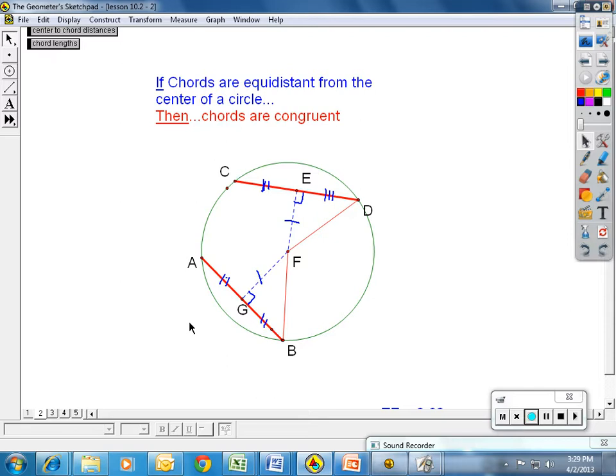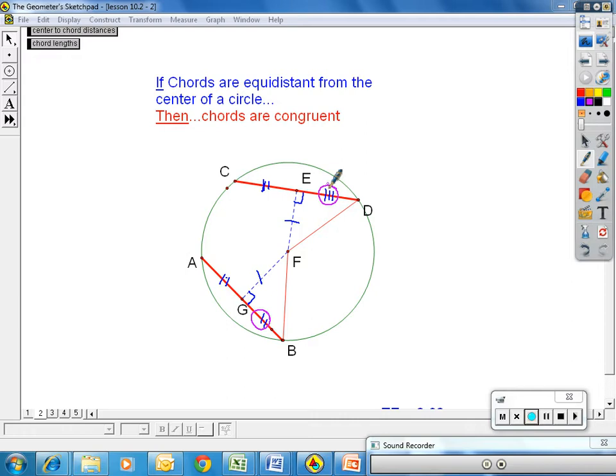And you should be able to prove that those 2 triangles are congruent. And when you prove that they are congruent, you will be able to identify that these 2 legs of those right triangles have got to be congruent by CPCTC. I'm going to leave that for you to think about. What important fact about those radii allows me to prove that those 2 triangles are congruent, and therefore prove the chords are congruent? That's for you to sleep on.